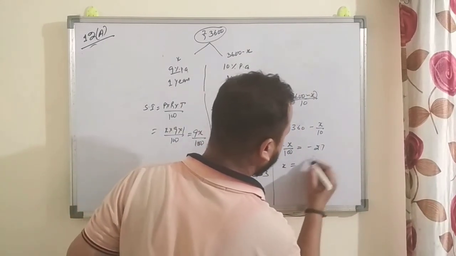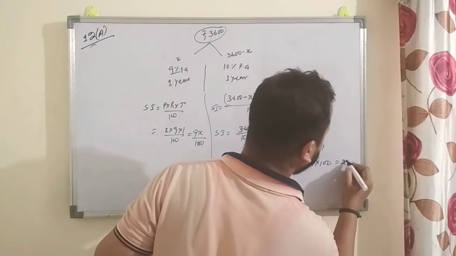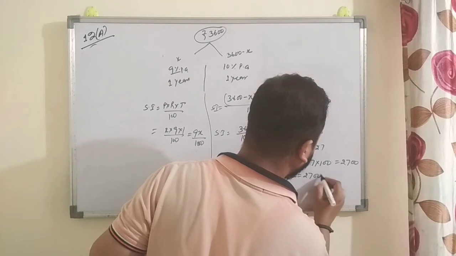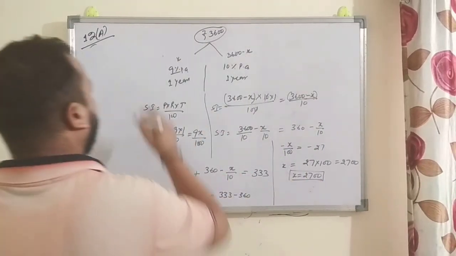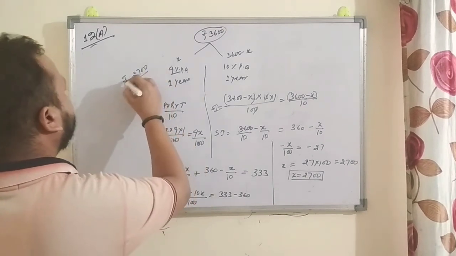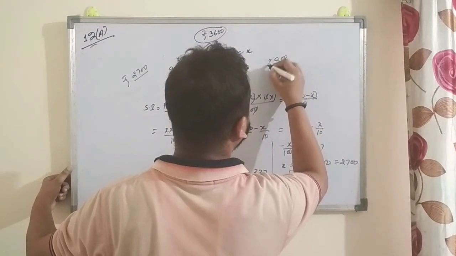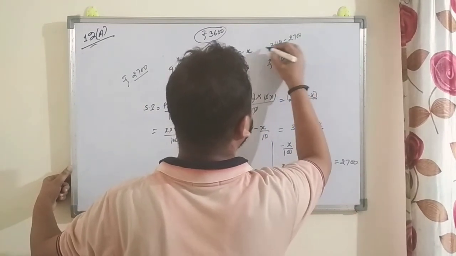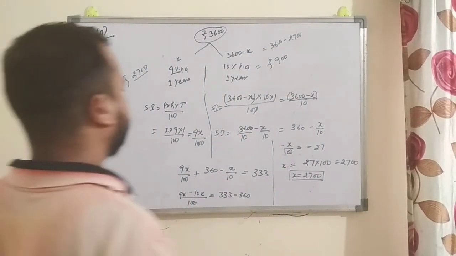So x is equal to 27 into 100, that is 2700. So here x is 2700 rupees, and this part is 900 rupees, means 3600 minus 2700 you will get 900. So this is the answer.